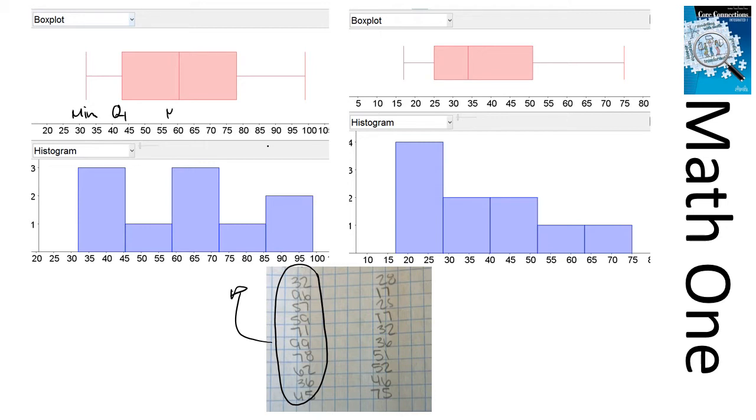This is the median, which is the middle of our data set. This is quartile 3, which is the middle of the upper half of the data, and this is the maximum. The maximum here looks like it's very close to 100, and I believe it's actually this point right here, the 99.